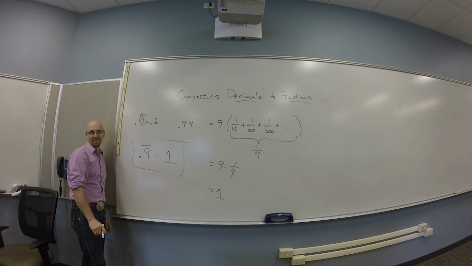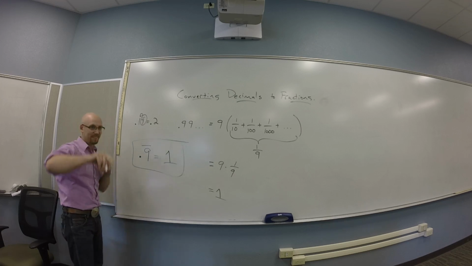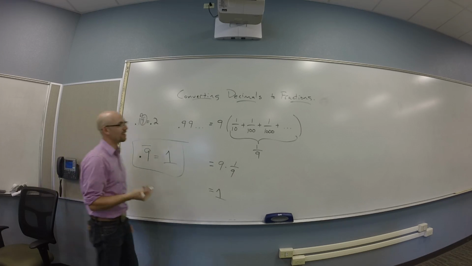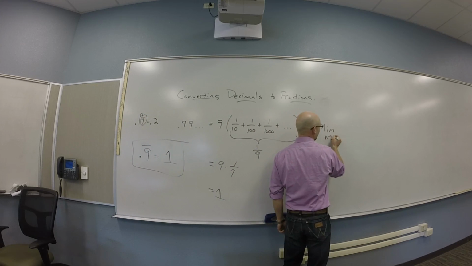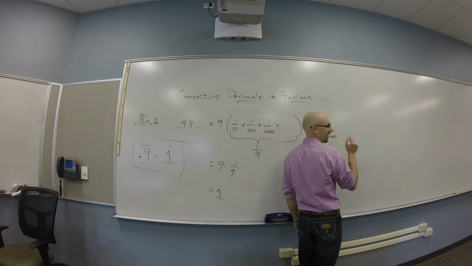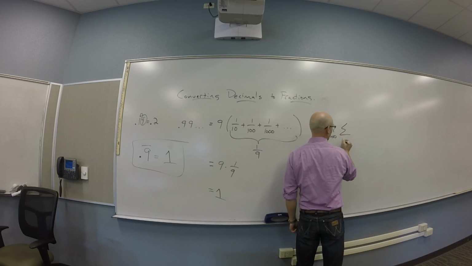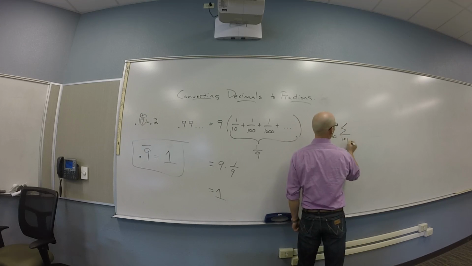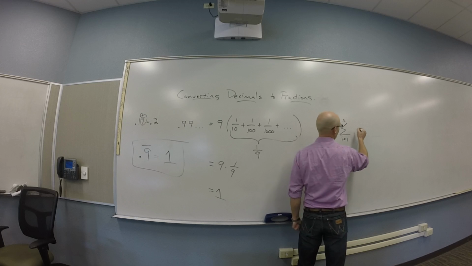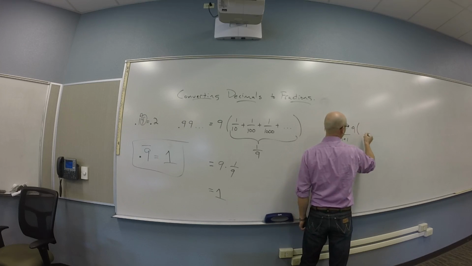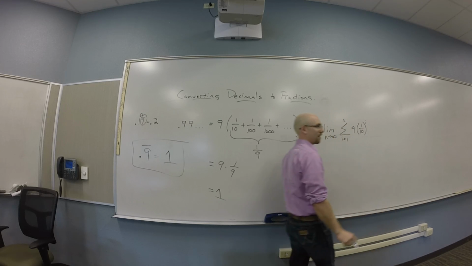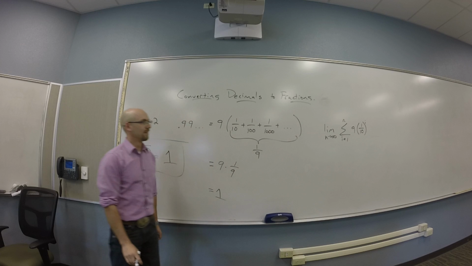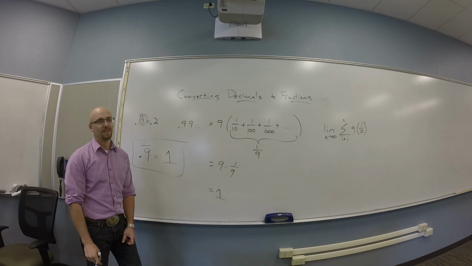Is there a limit kind of thing that you can put this in? Yeah. This is the limit as n tends to infinity of the sum from i equals 1 to n of 9 times 1 over 10 to the i. I really want to screw some people with this.